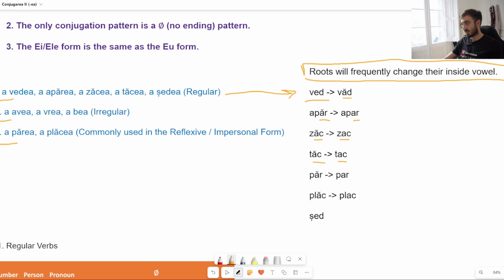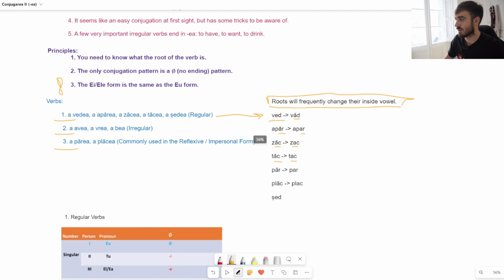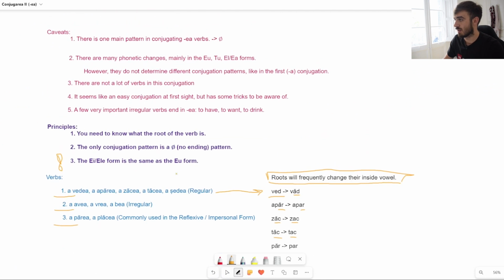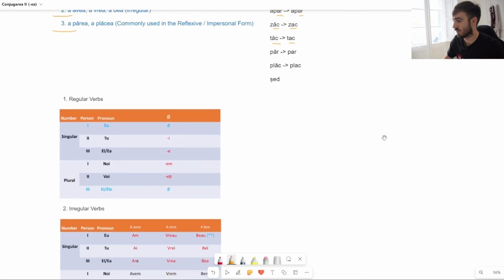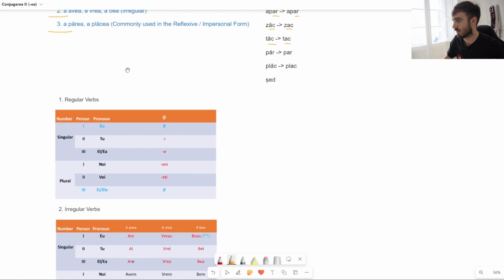Very important this point here. Cool. And now that we talked about all of those rules, principles, and caveats, we can move on to how to actually conjugate them.